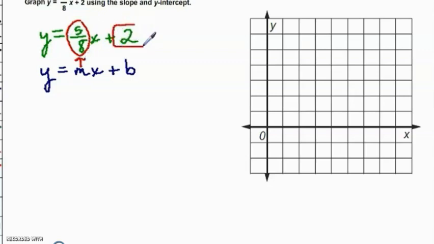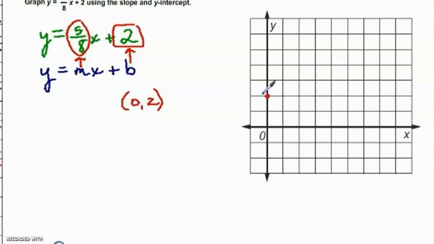They line up perfectly, and 2 is our y-intercept. So using that information, we will be able to graph a line. We know that our y-intercept is going to be 0, 2, because that is the point on the line that crosses through the y-axis. So here we have 0, we're not going to go left or right, up 2.